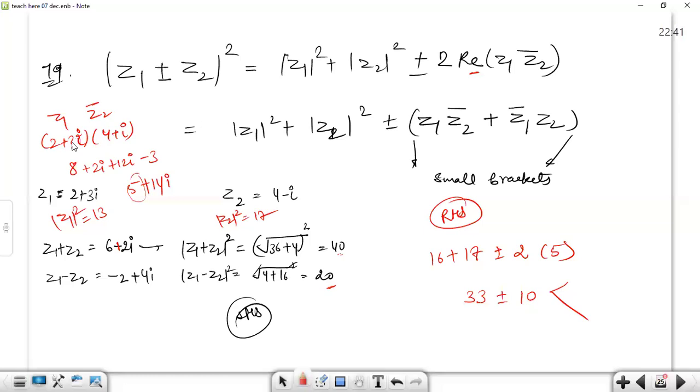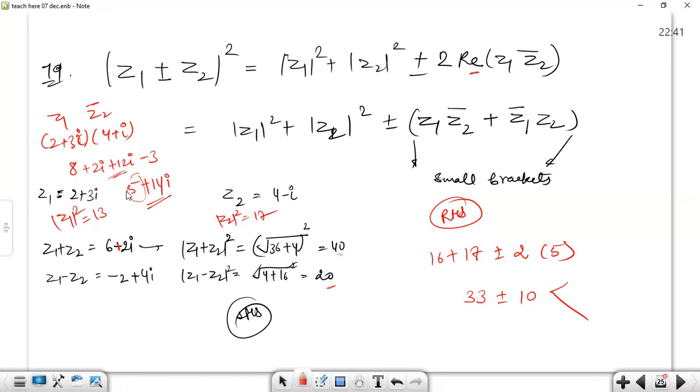Now let's discuss Z1 into Z2's conjugate. 2 plus 3 iota into 4 plus iota. 2 into 4 becomes 8, plus 2 iota plus 12 iota minus 3. 5 plus 14 iota.